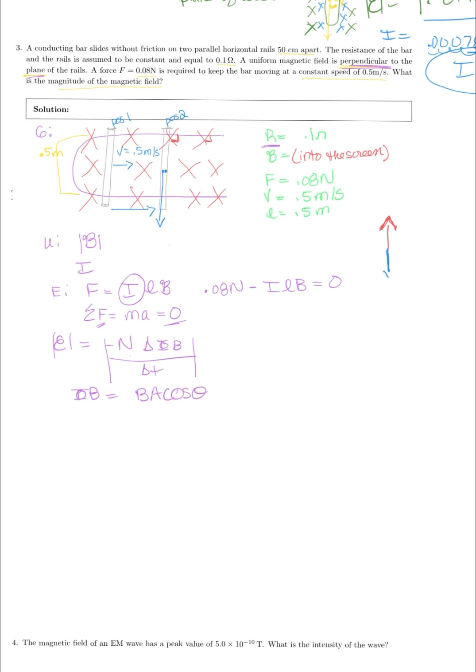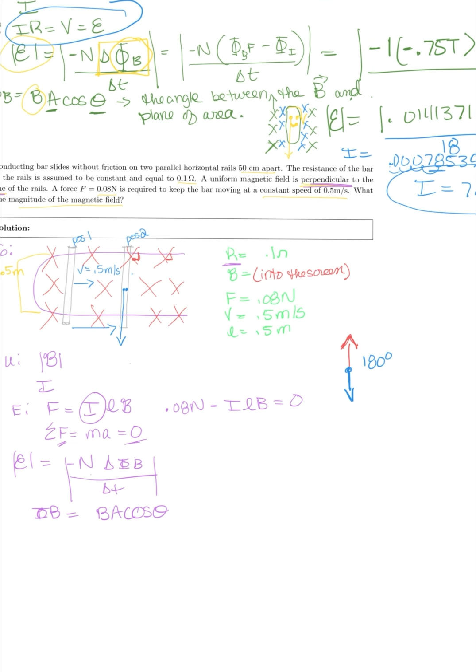So this is 180 degrees because they're in completely opposite directions. And the field is flowing through it, so it's not like the one up here where nothing was touching it.